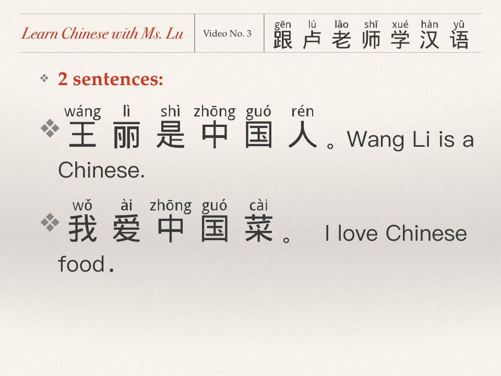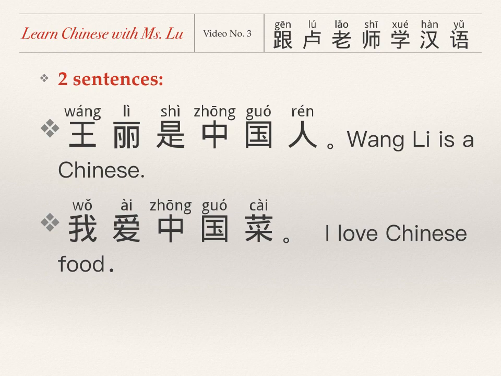It's a given name, usually used for girls' names, very popular in China. 是 is to be: is, am, are. In Chinese, all 3 of them are 是. 中国人, Chinese people, Chinese person. Together, this sentence means Wang Li is a Chinese.